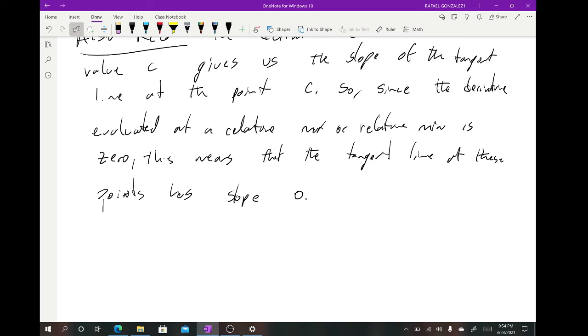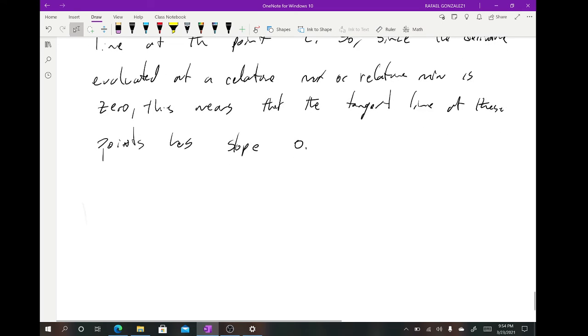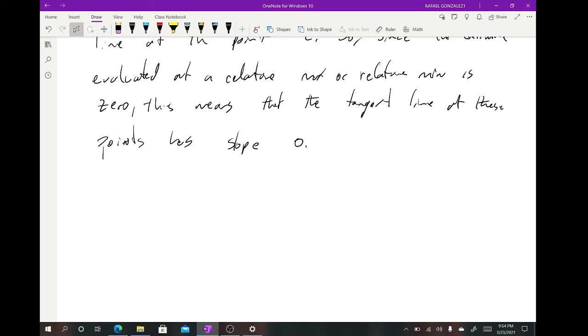The big takeaway from this section is what I'm going to write now as two theorems. First of all, let me define one thing and write down the theorem. But the big idea is what I just wrote up here. So let f be defined at c.